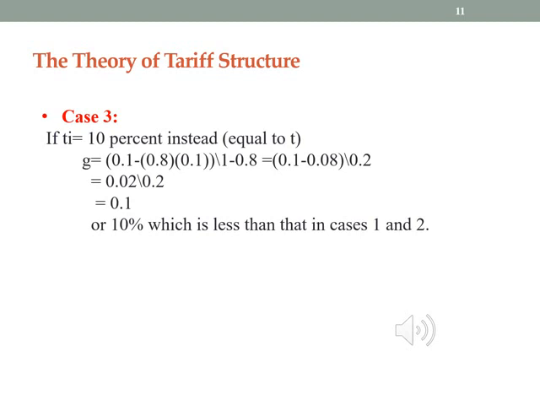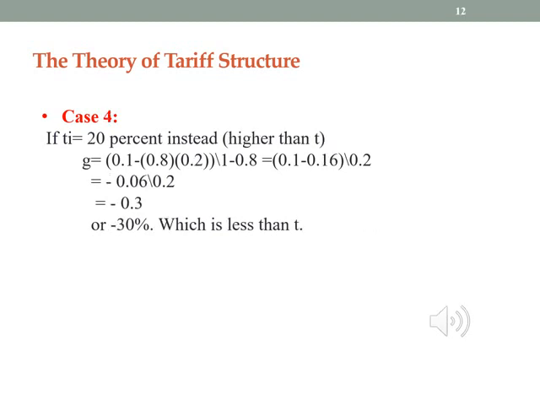Again, we will see that the rate of effective protection decreased and it is now equal to 10%, which as you can see is equal to the nominal tariff rate of 10% on the imports of the final product, suits. So again, the rate of effective protection decreased as we increased the nominal tariff rate on the imported materials. And now we can see that it is exactly equal to the nominal tariff rate T imposed on the imports of the final product of suits.